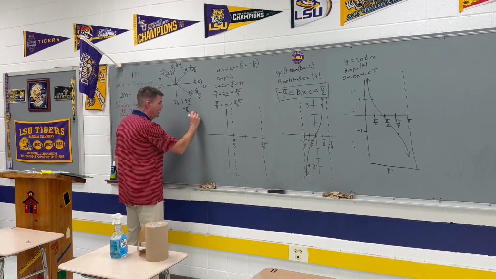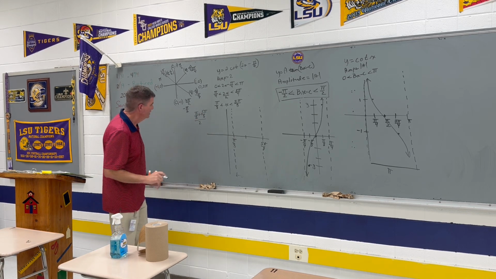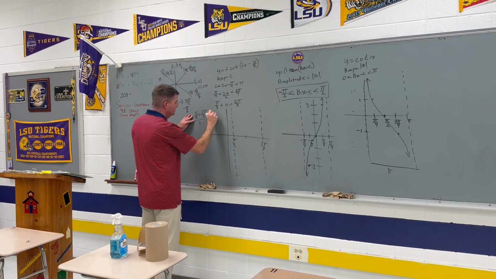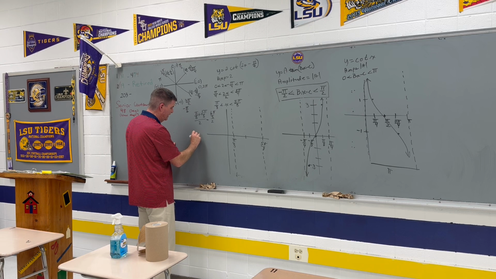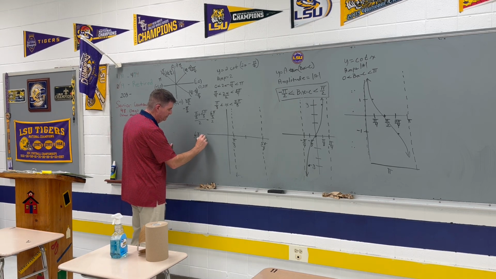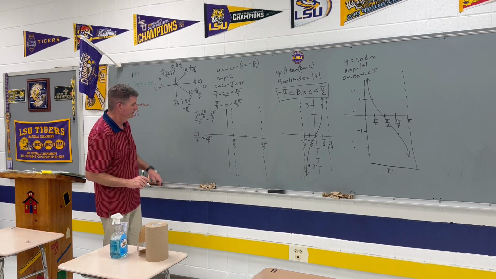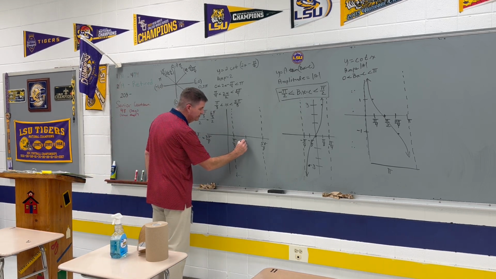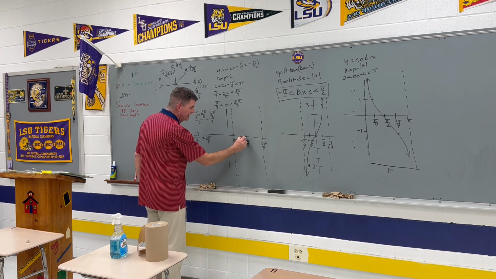So we have pi over 8 plus 5 pi over 8, over 2, which would give me 6 pi over 8 over 2. Take it, flip it, and multiply, and we'd have 6 pi over 16, which is 3 pi over 8 if we simplified it. So this becomes 3 pi over 8. This would be my 0 point.